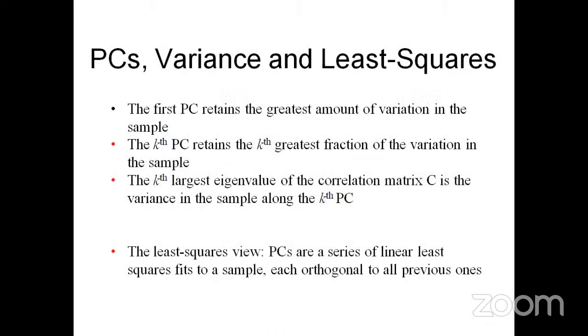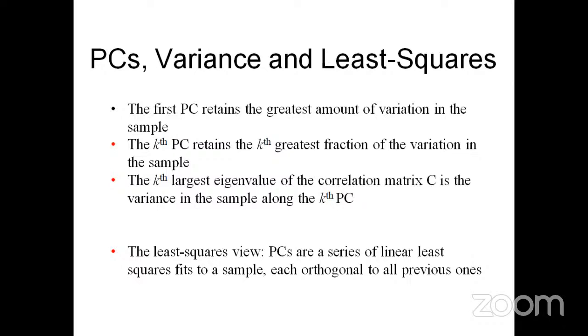Okay, next is the PC's principal component variance and the least squares. First, PC retains the greatest amount of variation in the sample. The k, that is one particular value, is the k you might have used in the calculations. The kth PC retains the kth greatest fraction of the variation in the sample.